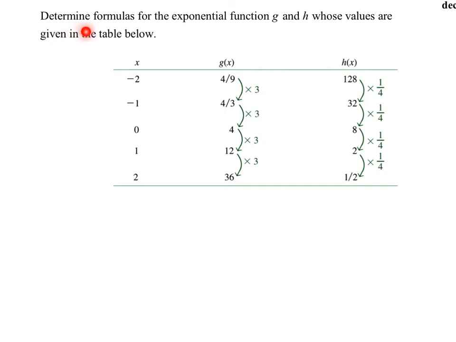It says determine formulas for the exponential functions g and h whose values are given in the table below. Okay, so let's look at g first. Now remember, the initial value, so we need to come up with this. g of x equals a times b to the x. Okay, so the initial value, though, is when x is 0.